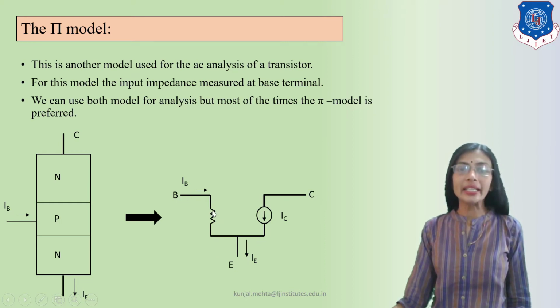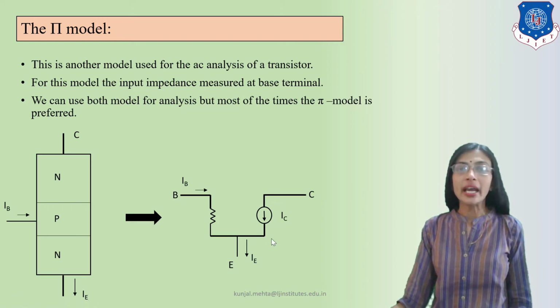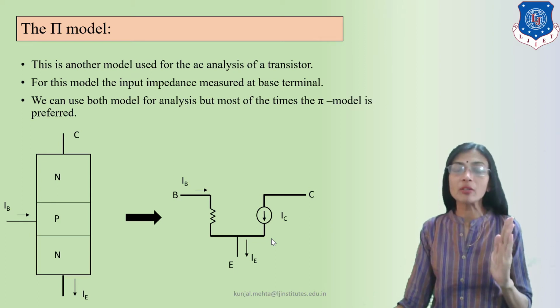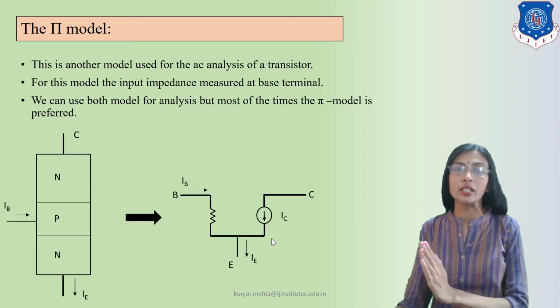The input side is the resistance, and the output side is the current source. As I have explained, a BJT has two main ports. One port is the input circuit, another port is the output circuit. The input circuit behaves like a diode and the output circuit behaves like a constant current source.